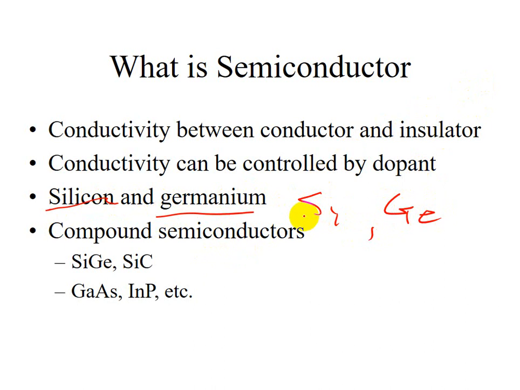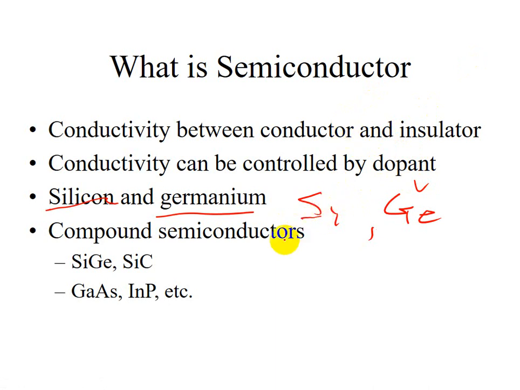These are element type semiconductor materials. Germanium was the first one used as a semiconductor material, and then 2 years later, the silicon single crystal.